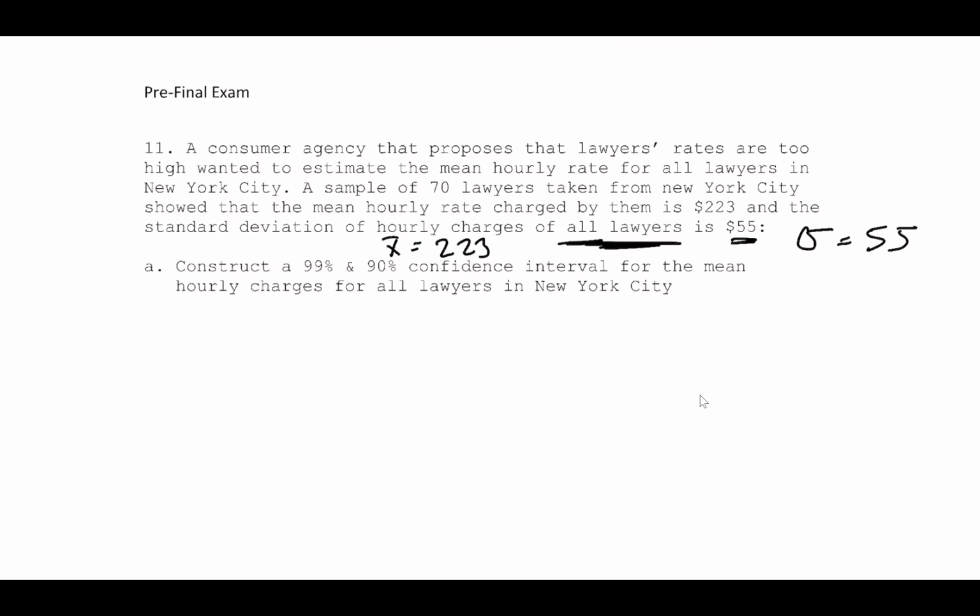So X bar is equal to 223, and sigma is equal to 55. Lastly, we have to get the sample size, which is 70 lawyers. Any questions so far? I got sigma, X bar, and n.